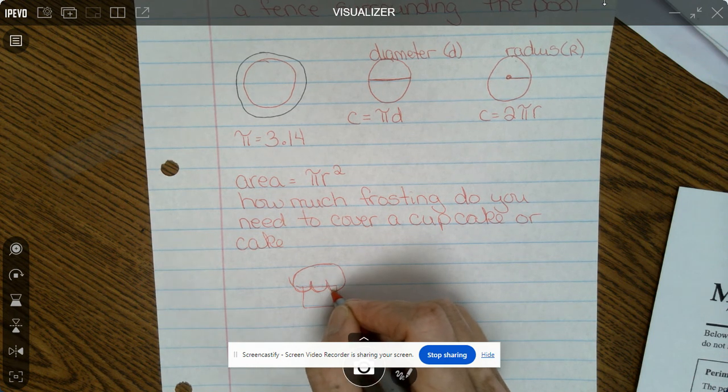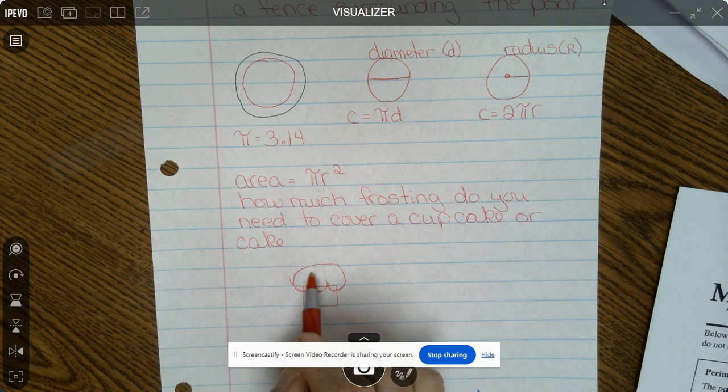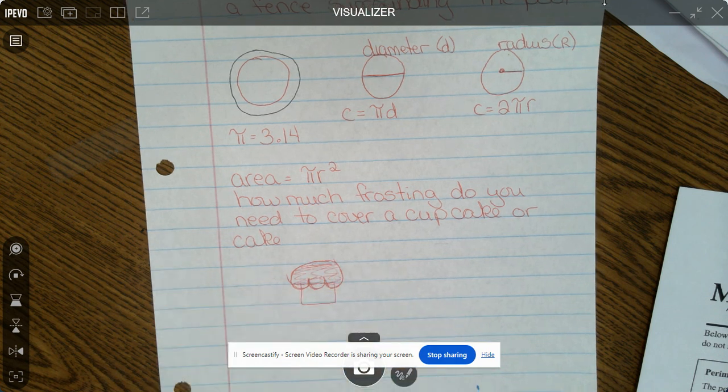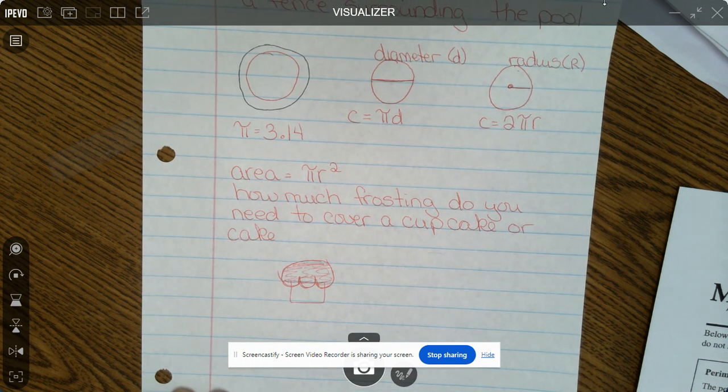You'd want the whole top of the cupcake to be filled. So if you think about the area, you are thinking about how much is going to completely cover my cupcake. So circumference, you're walking around something. Area, you're covering something.